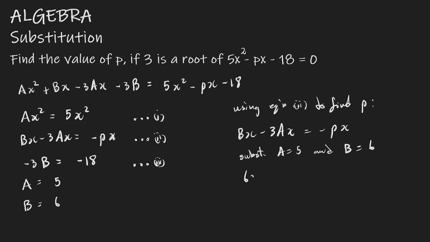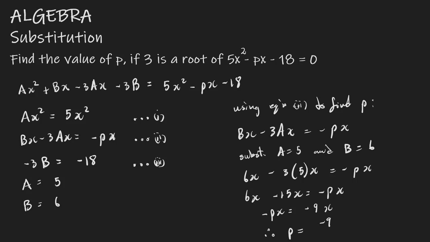So we get 6x minus 3 times 5x is equal to negative px. 6x minus 15x is equal to negative px. Negative px is equal to negative 9x. Therefore, p is equal to negative 9x over negative x, which is equal to 9. And that is our answer.